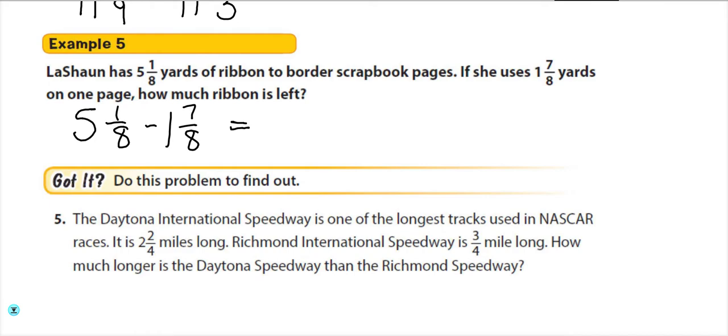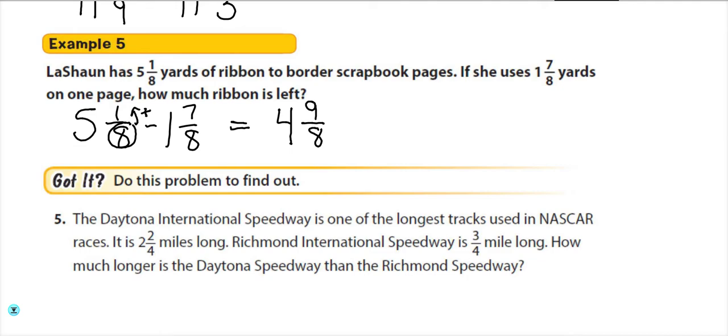And the answer would be 8. So I don't have 5 whole, I'm only going to have 4 whole now because I'm borrowing 8 slices. So what you actually do is you take the numerator and denominator and add those together. So this is actually going to be 9/8.